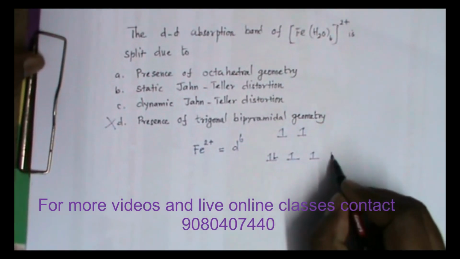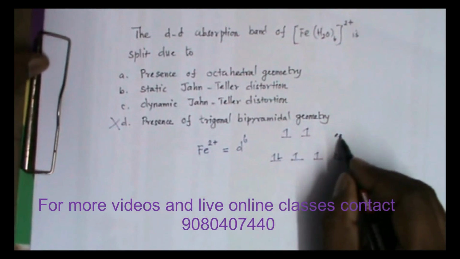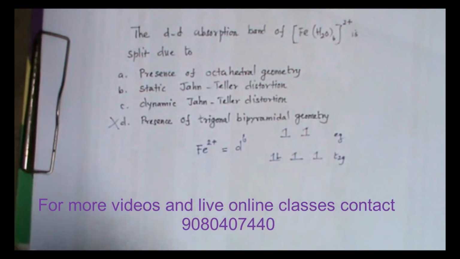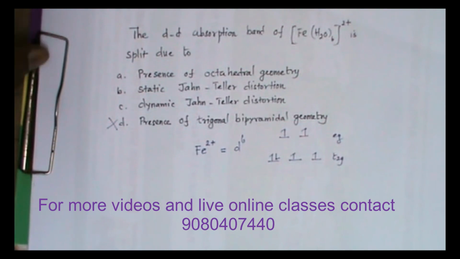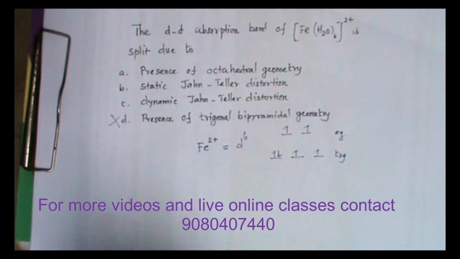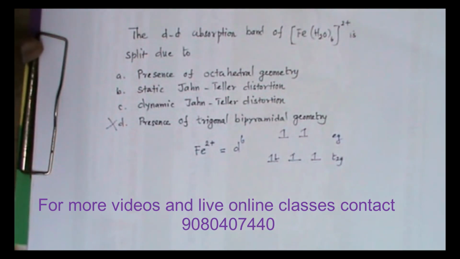This is t2g and this is eg orbitals. The t2g orbitals are not symmetrically filled. This orbital is doubly filled, but these two are singly filled. Because of that, we can expect Jahn Teller distortion.